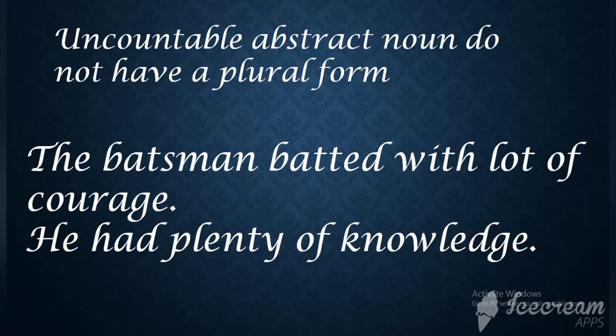There is no plural form for an uncountable abstract noun. Always the word is courage. And he had plenty of knowledge. We cannot add knowledges. They don't have plural forms. So for the words courage, knowledge, these uncountable abstract nouns do not have plural forms.